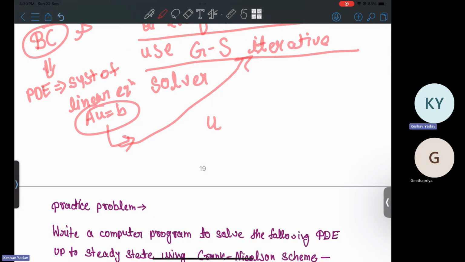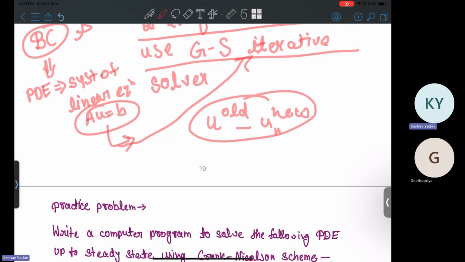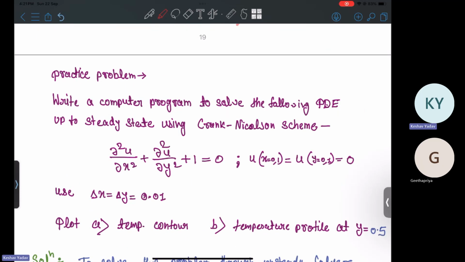That means at some point, if we take the absolute value of U old minus U new, and it goes less than some user-defined epsilon value, at that point I will stop. Clear? So let us see how we can solve this problem.